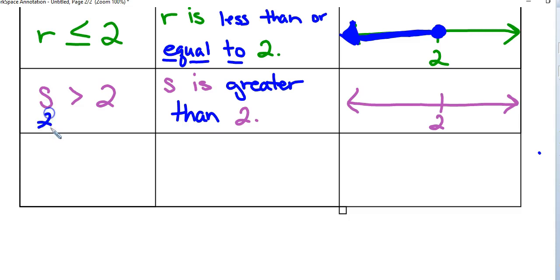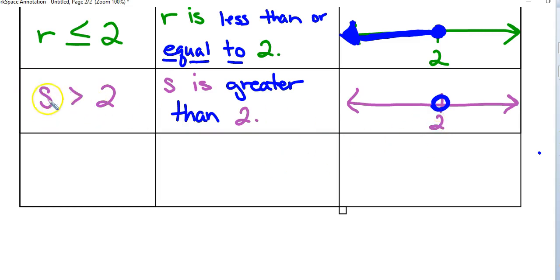So if I put a 2 here, is 2 greater than 2? And it turns out, you know what? If I have 2 Skittles, I have 2 Skittles. 2 is not bigger than 2 by any means. So to represent that it cannot be 2, we open the circle because it can get as close to 2 as possible, but it cannot be equal to 2.